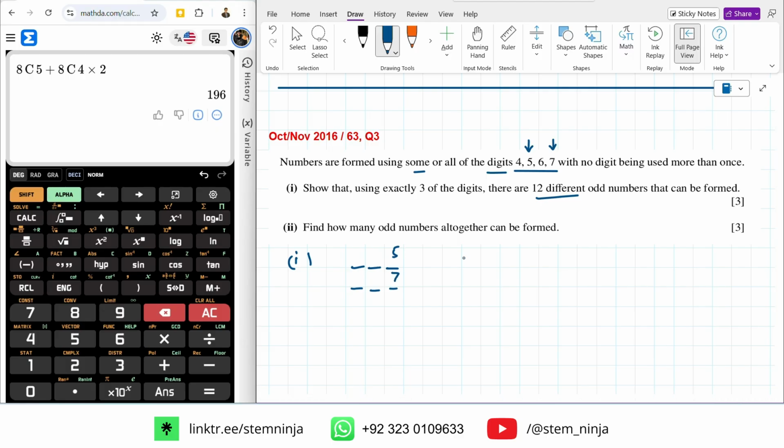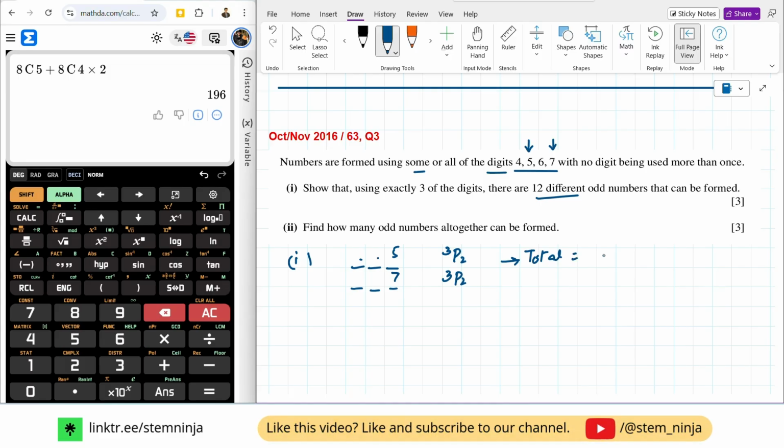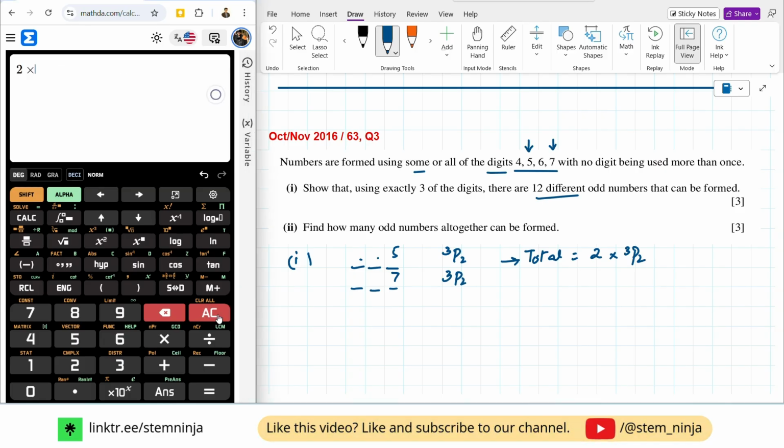So either it's a 5 or a 7. So since none of these are used again, the rest 3 possibilities for 2 places, 3P2. So basically the total would be 2 times by 3P2, this would be 12.